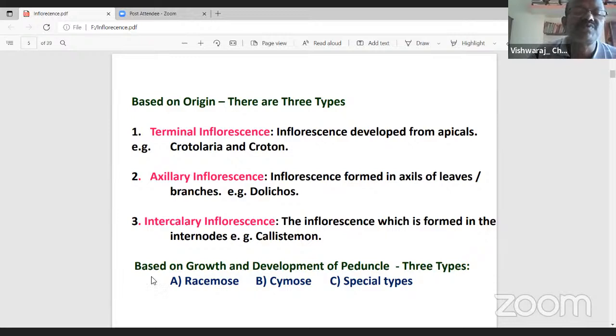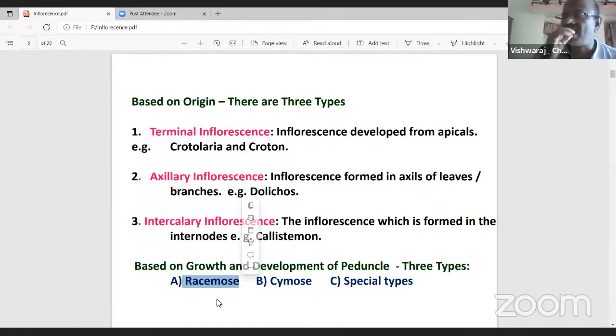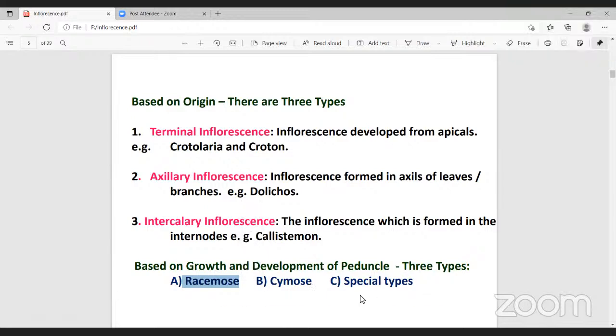In racemose, the apex flowers are younger and the lower flowers are older. In cymose, the apex flower is older, or matures first, than the base flower, and there are some special types.